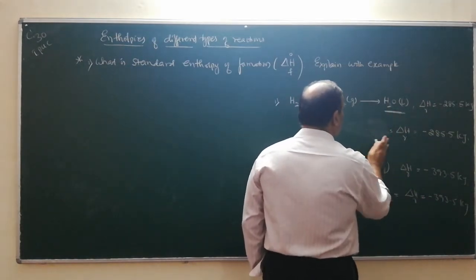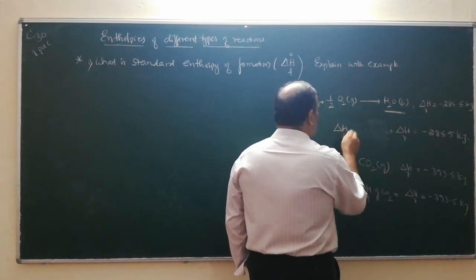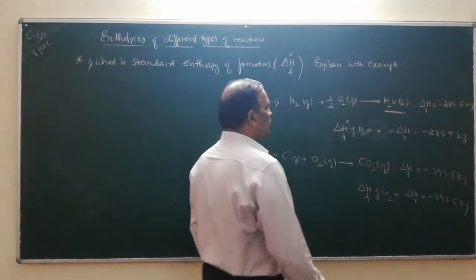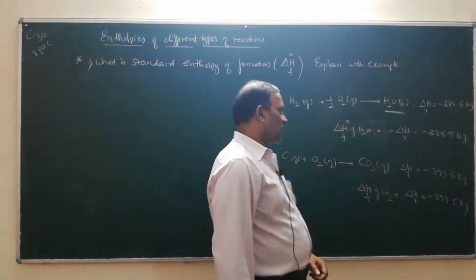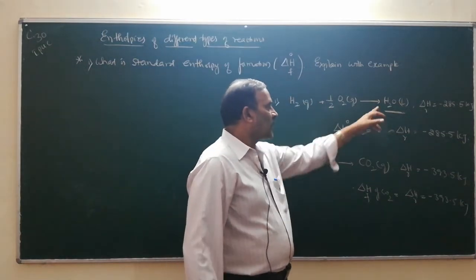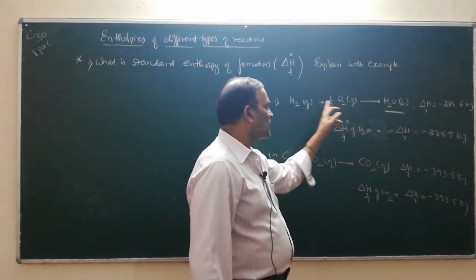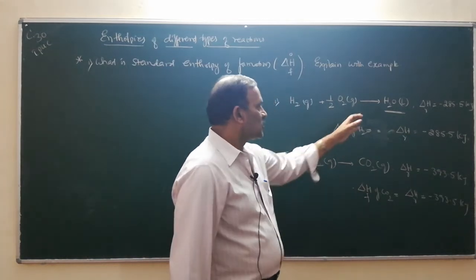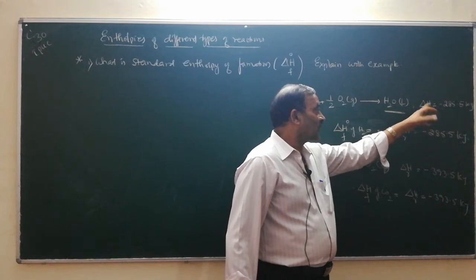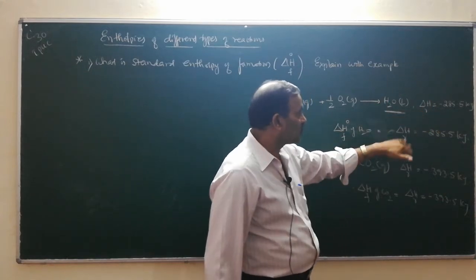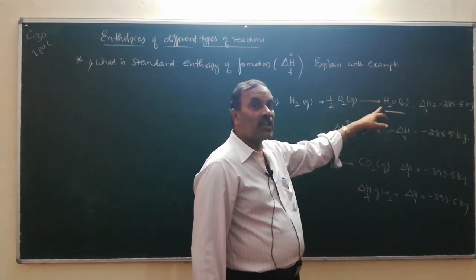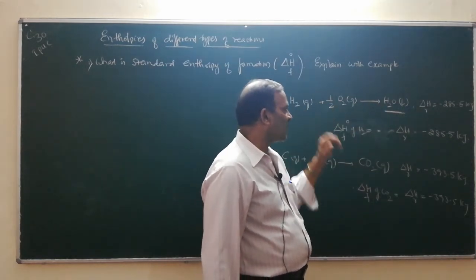So here also you can write delta HF naught of water is equal to delta HR of this reaction. In the first example, 1 mole of water is formed from its elements. So the amount of heat liberated during this reaction is also called the enthalpy of formation of water, because 1 mole of water is formed from its elements.